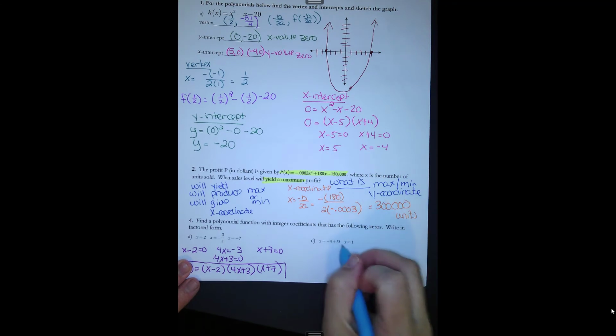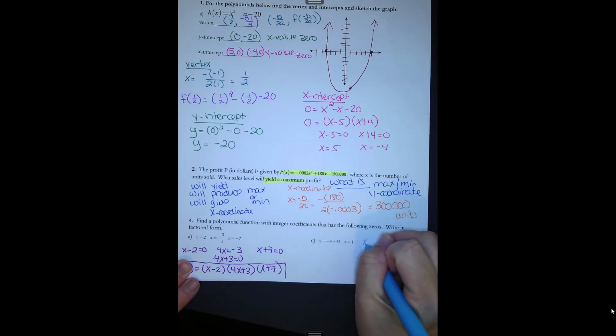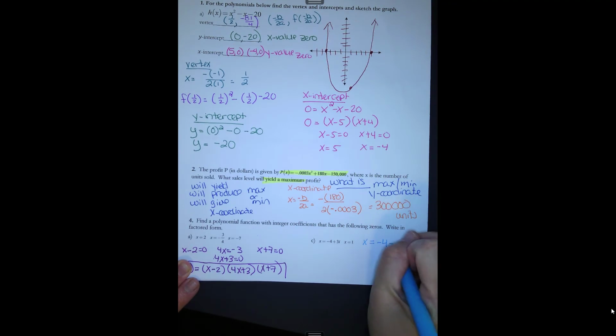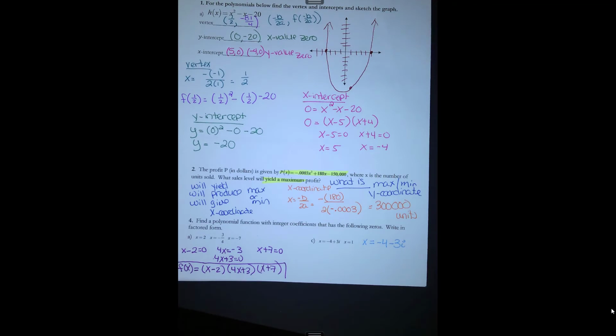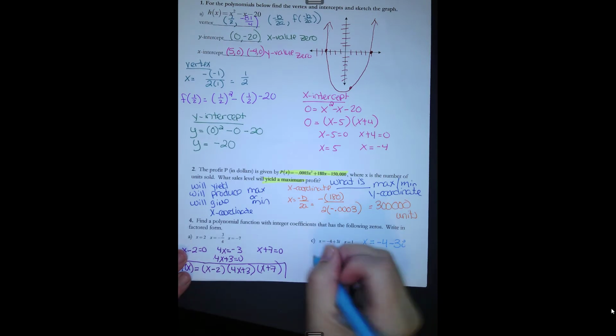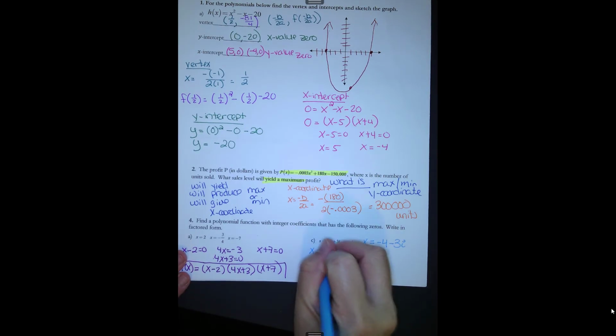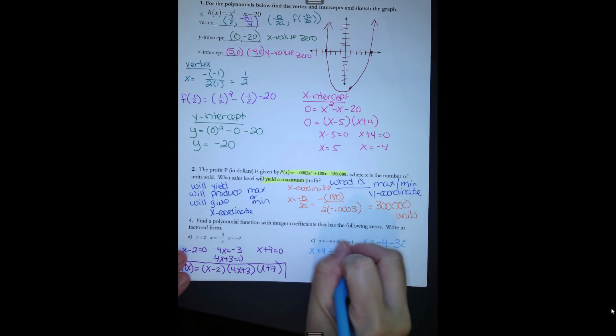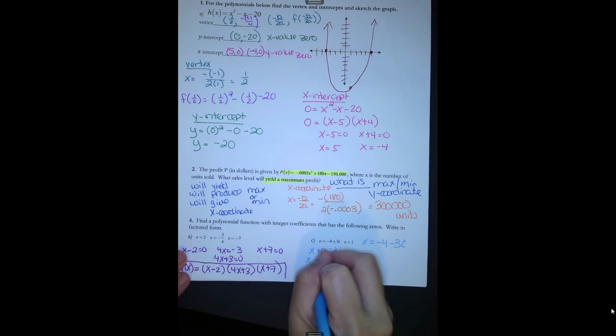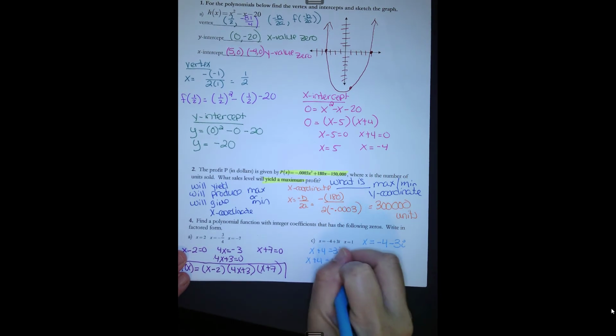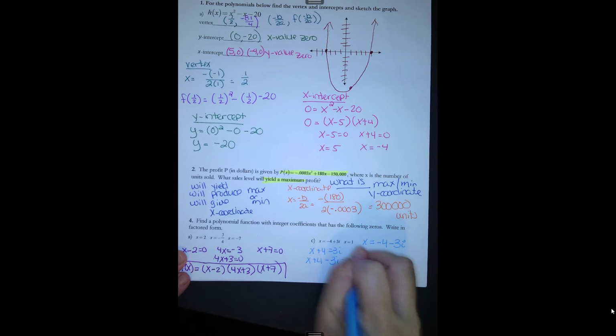So just because we have this one, we also have to know x equals negative 4 minus 3i, because imaginary solutions always come in pairs. So now if we're going to write this in factored form, we're going to have x plus 4 equals 3i. So x plus 4 minus 3i equals 0.